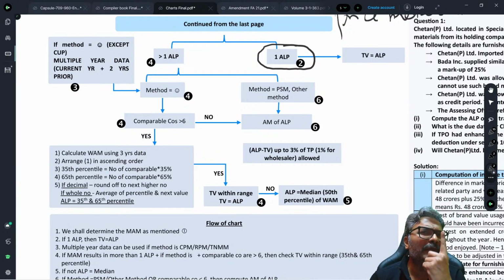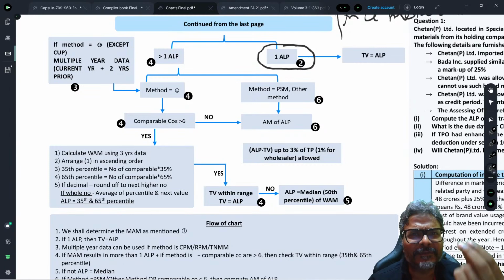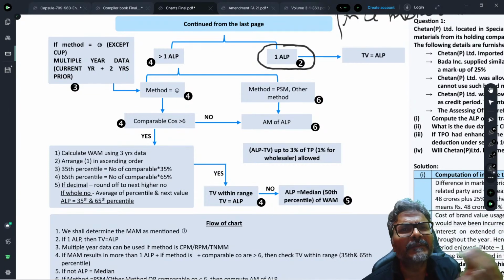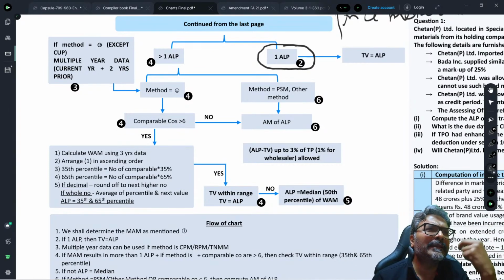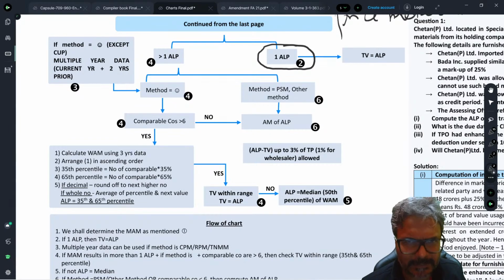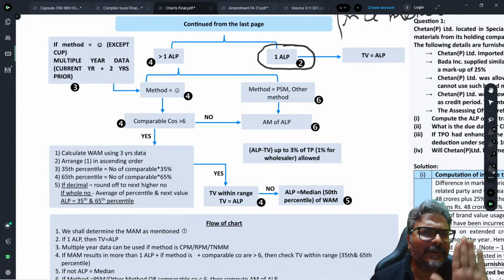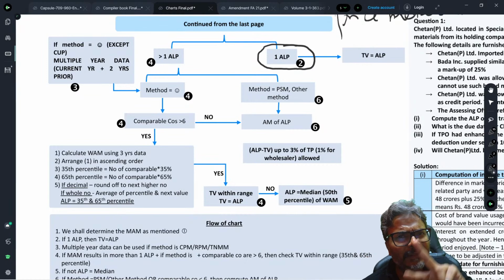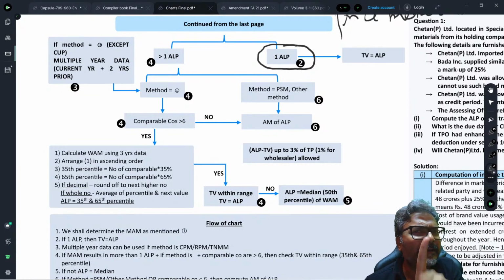Supposing they give you only one comparable data, and thereafter they give you some uncommon factors between the comparable data and the international transaction. If they give you only one comparable data, it means that you will get only one ALP, because on the basis of the comparable data, you will adjust for the uncommon factor and you will get the ALP.